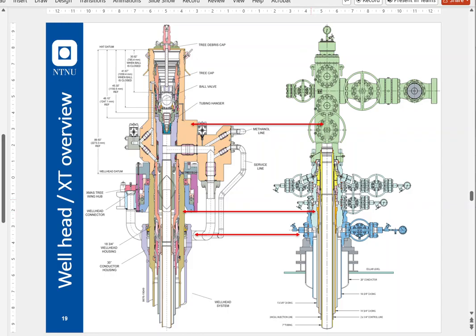You have the 20-inch casing very often sitting on the wellhead. Now I see in this drawing they have made that to the conductor. It varies a little bit depending on your well construction. Principle would be the same.